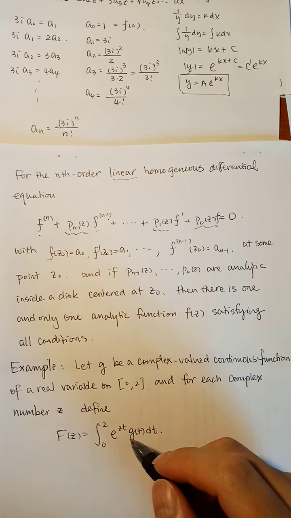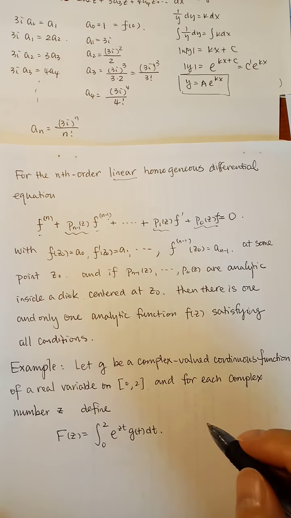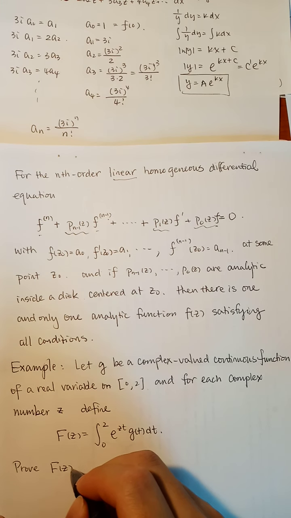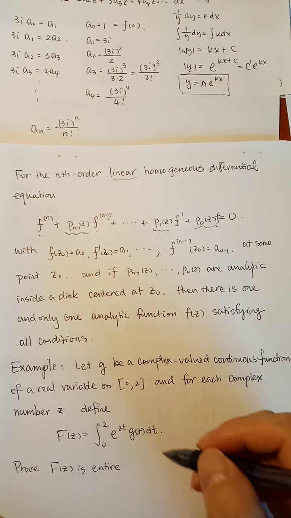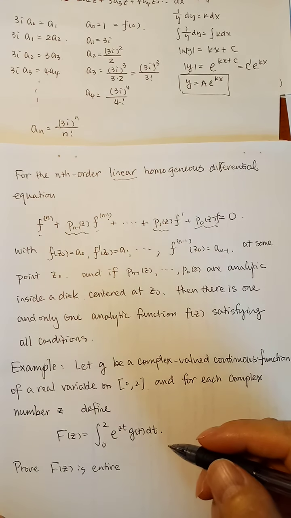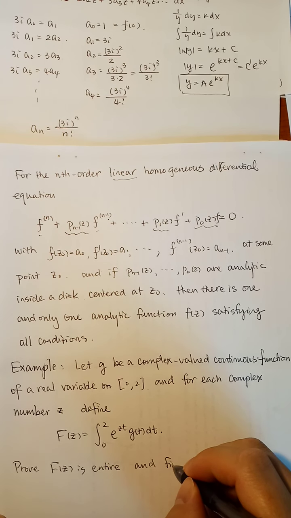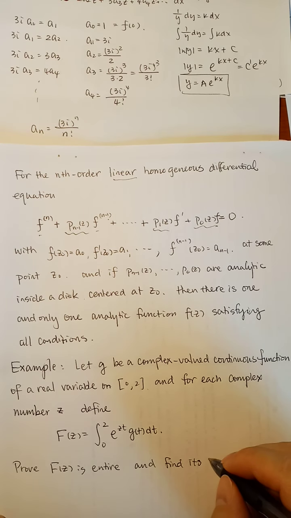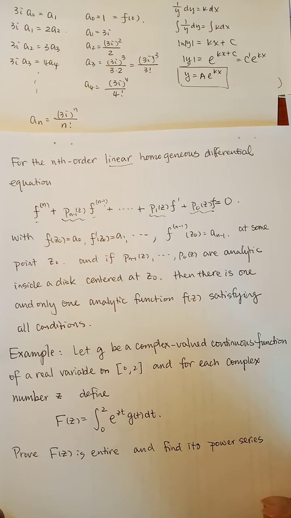Basically, you integrate the real part and imaginary part and add them together. Okay, and then we prove f of z is entire. Entire just means it's analytic for whatever z. And find its power series around the origin. Basically, we're looking for the Maclaurin series.